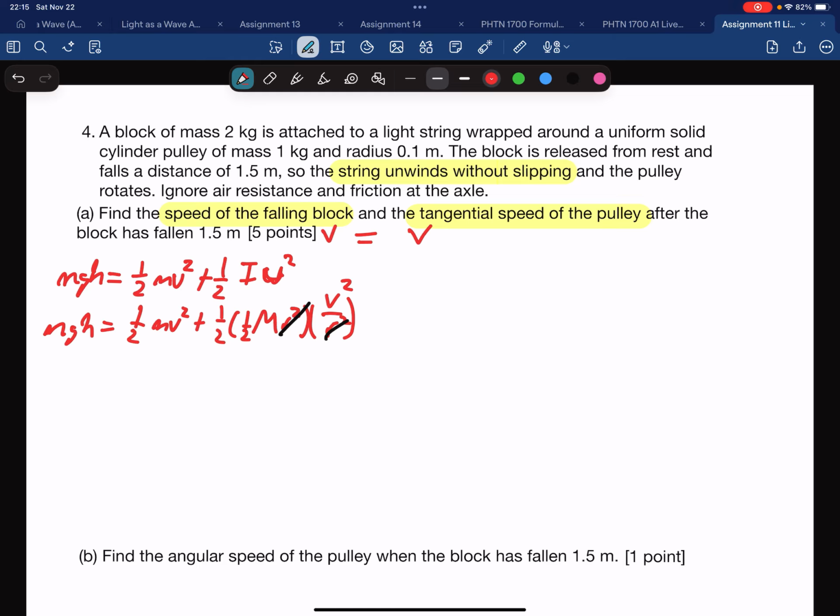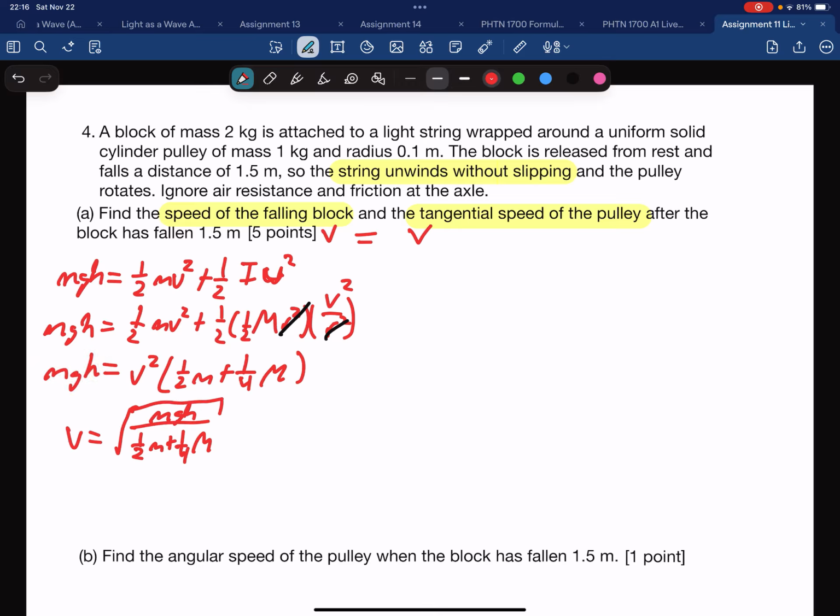So here, I'm going to simplify a little bit. I have canceled out r squared, and I'm going to factor out v squared at the same time. So v squared times (1/2 m plus 1/4 big M) equals mgh. That means v is equal to the square root of mgh over (1/2 m plus 1/4 big M). Plugging in numbers, I get 2 times 9.8 times 1.5 on the top.